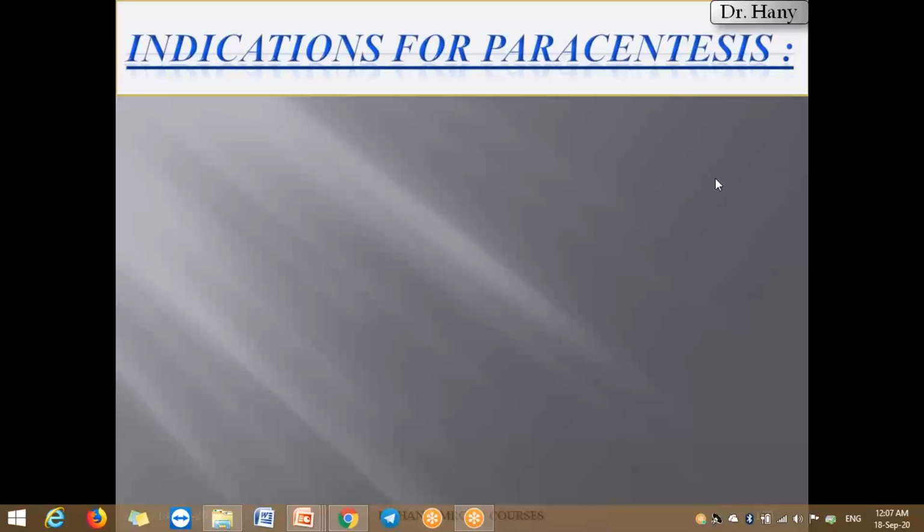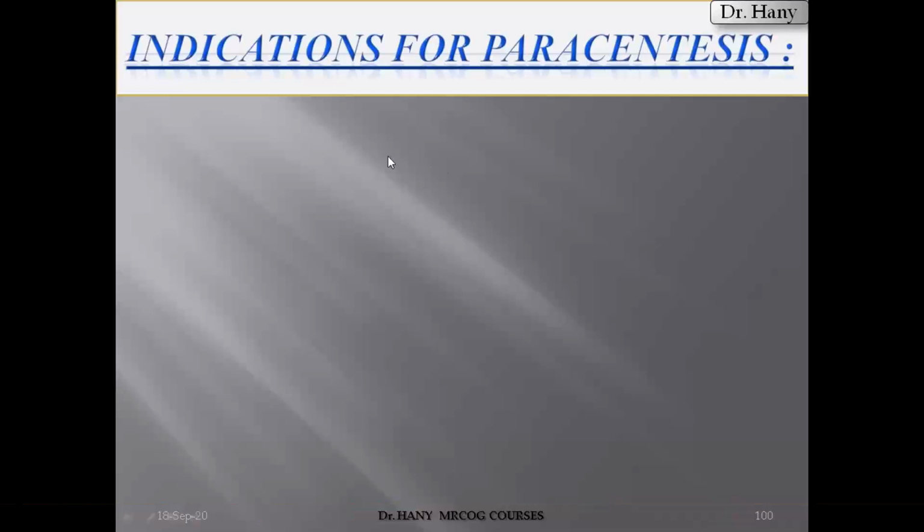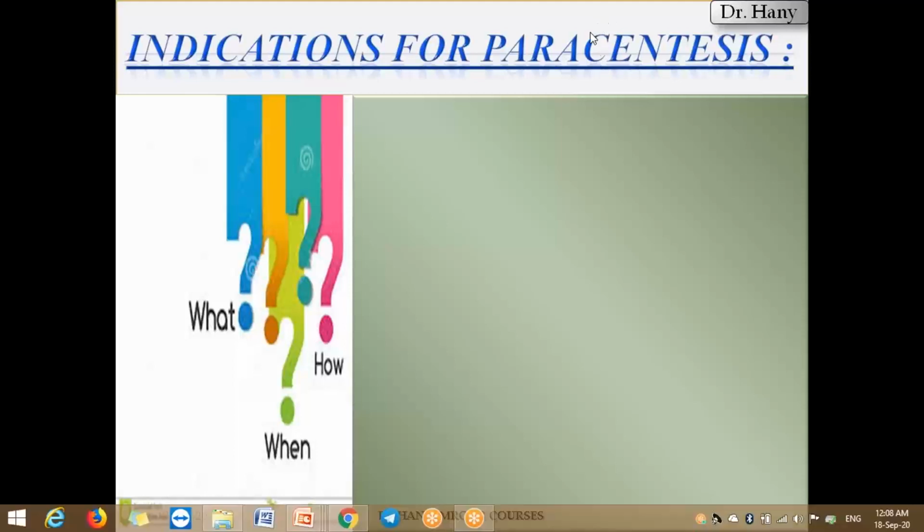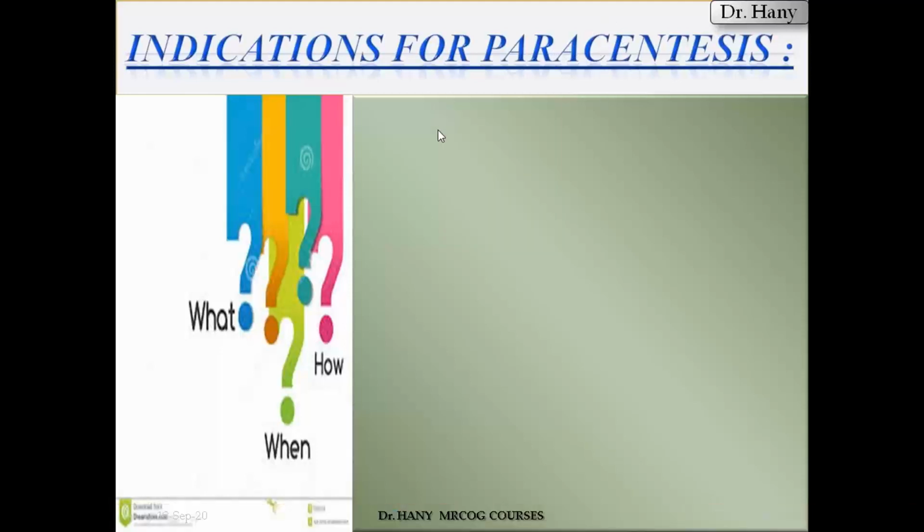How can paracentesis be done? It can be done under ultrasound guidance, either abdominal or vaginal, and you can give intravenous colloid to restore the fluid volume. So how to think? What is the indication for paracentesis? This is my last message for you today. I hope you got benefit from me, and I hope I clarified a lot of issues. So this is the indication.